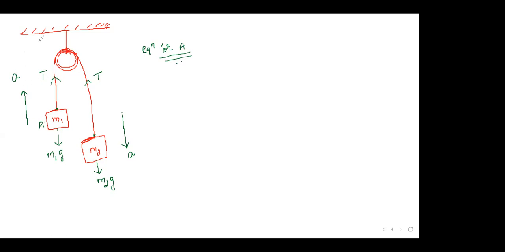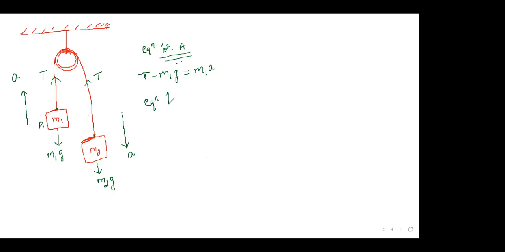Tension should be more, good. So shall I write T minus M1G? Because these two forces are in the opposite direction. So T minus M1G is equal to force, that is M1 into A.